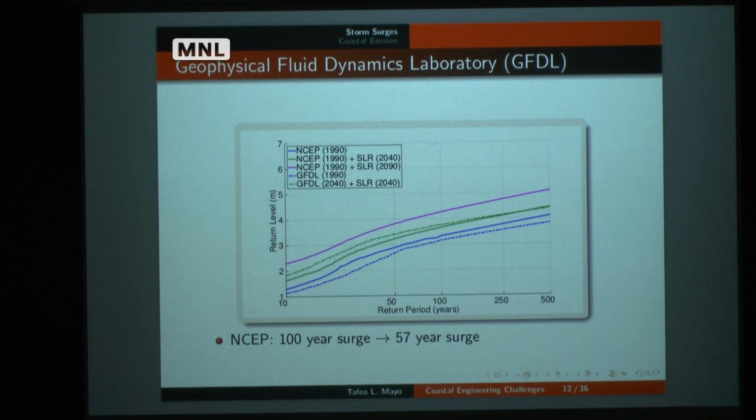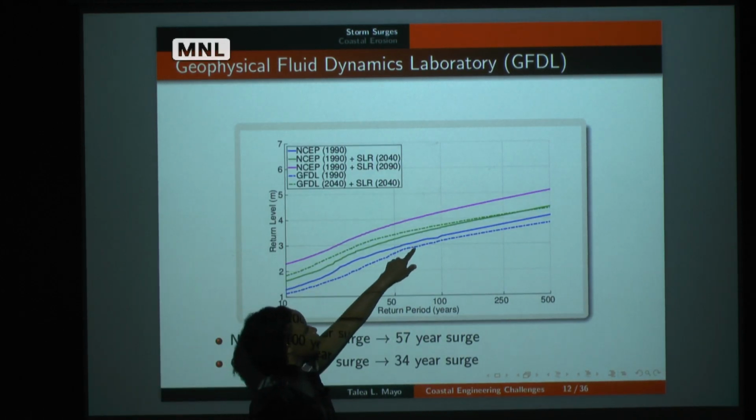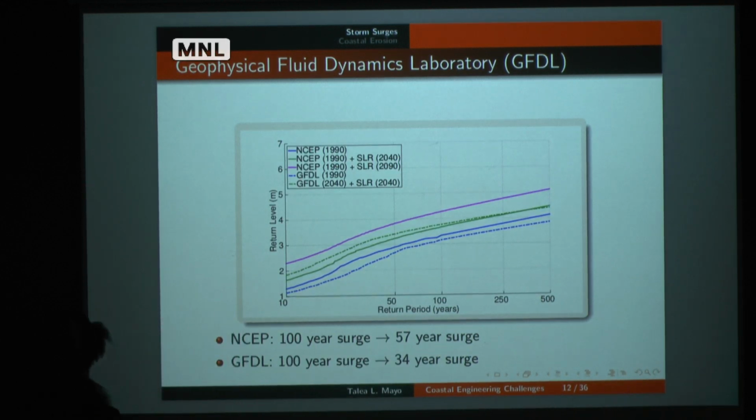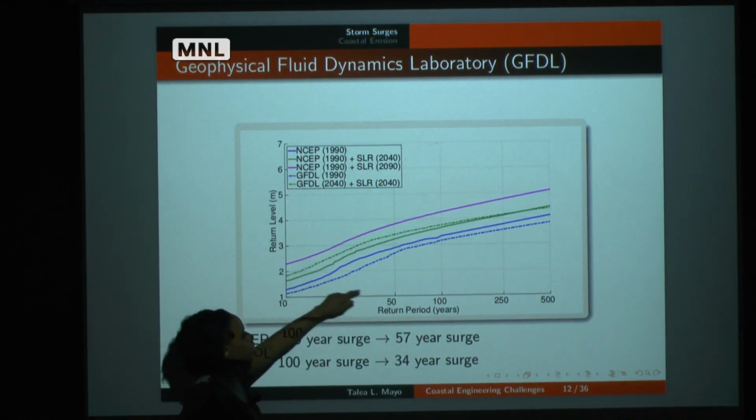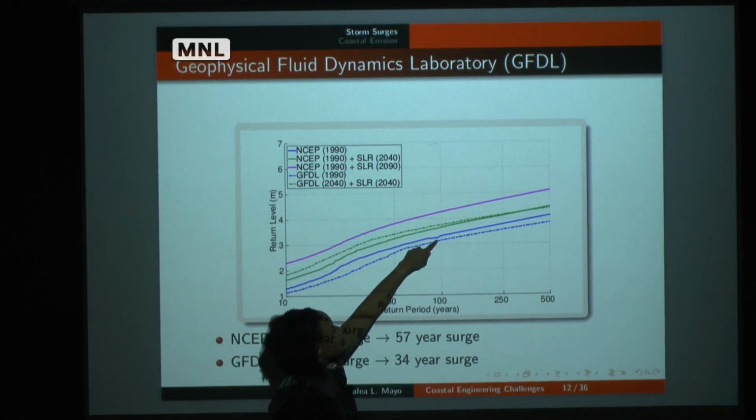So for this one, for MSEP, we saw that the 100-year surge became the 57-year surge. If we also account for the changing storm climatology, then the 100-year surge becomes a 34-year surge. So what we're looking at is this blue dashed line, how does it compare to the green line? So what was the 100-year flood?